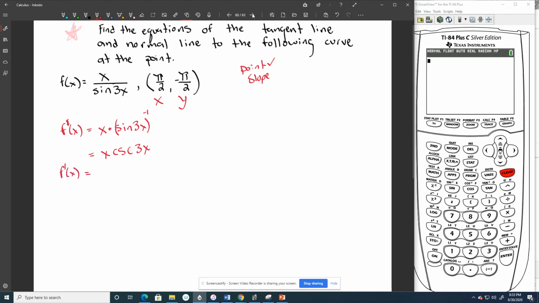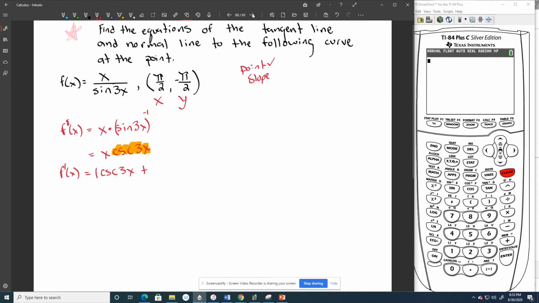Product rule first. So I need f prime. So my first function, the derivative of x is just 1, and I leave my second function the same, cosecant of 3x. And then I need to add the derivative of my second function. So let's find the derivative of this part right here. And here's where we've got to be careful that we don't forget about that chain rule.